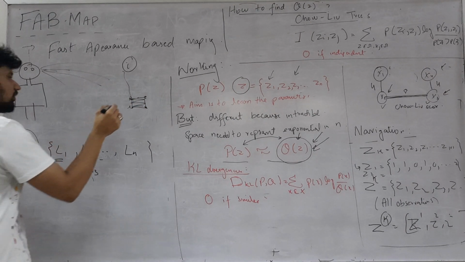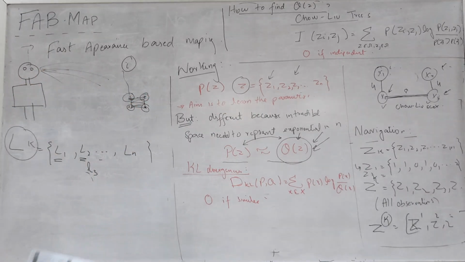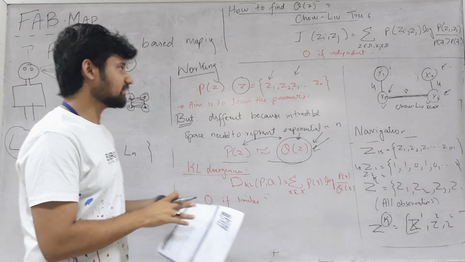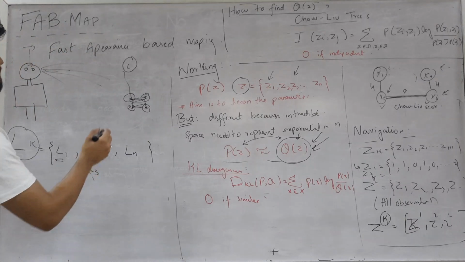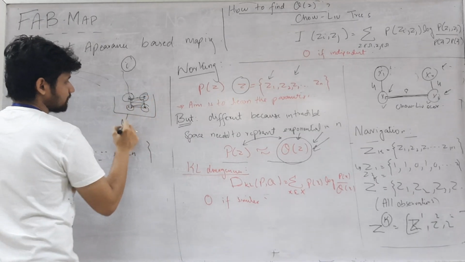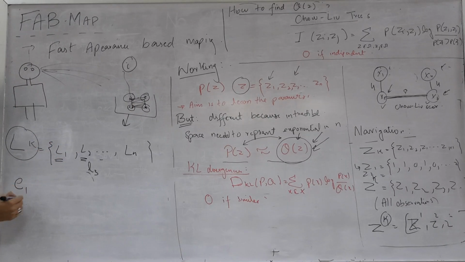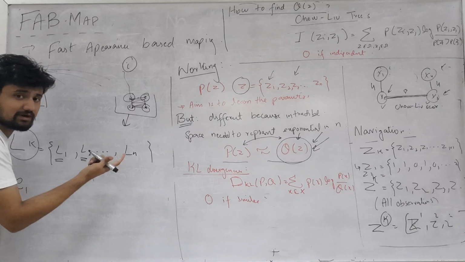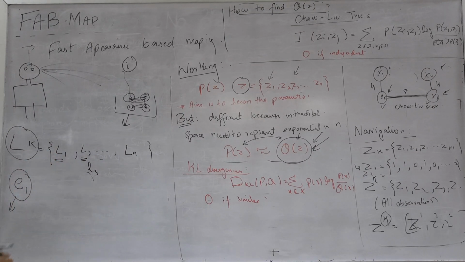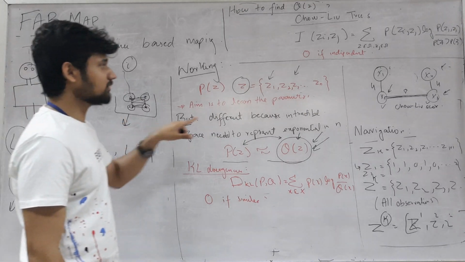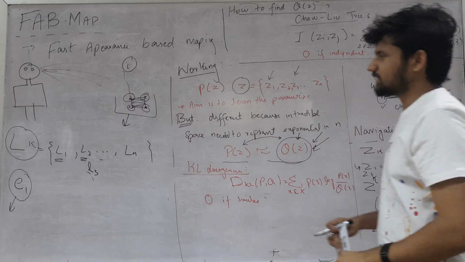Making sure that these 4 are co-occurring features, it will automatically generate an event, which is a brick. It will automatically generate: oh, I have seen a brick in the environment. This thing is called an event.